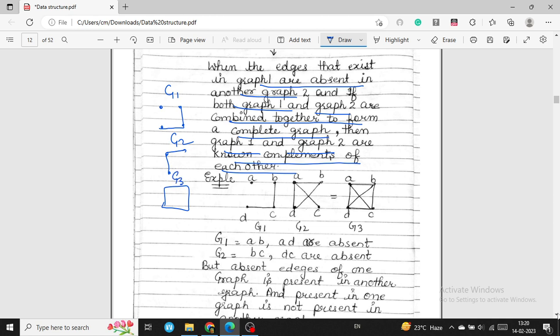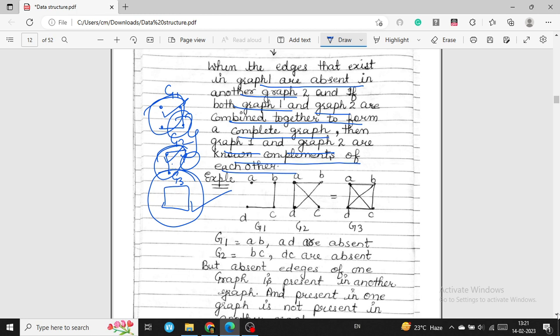And this third graph is the combination, and G1 and G2 are known as complements of each other. So here you can see in one graph these two sides are absent, and in the second graph these two sides are given. Those which are absent here are present there, and those which are present here are absent there.